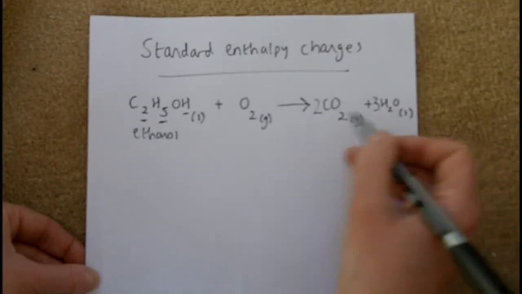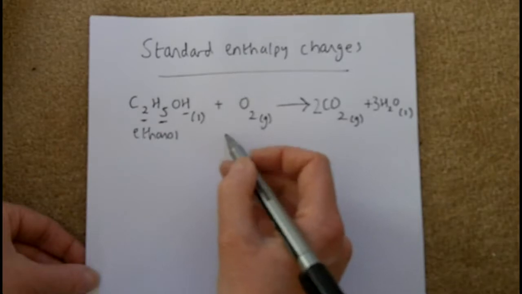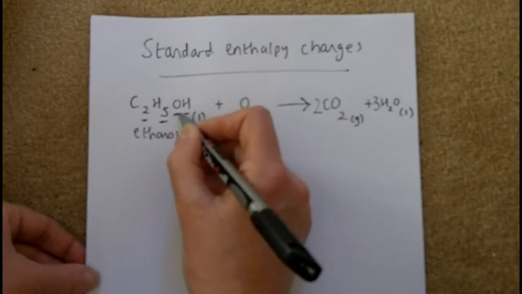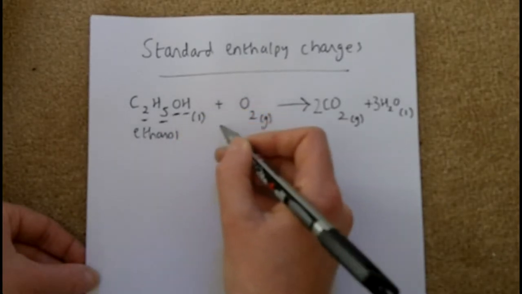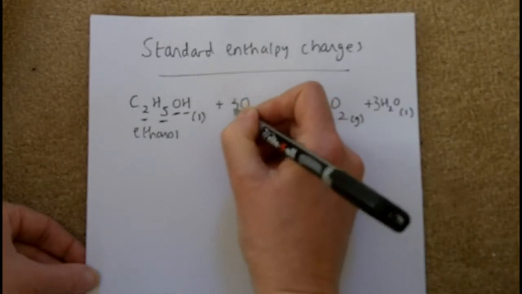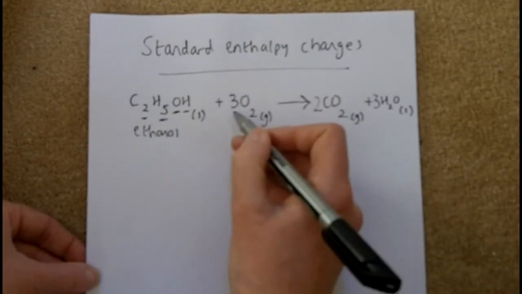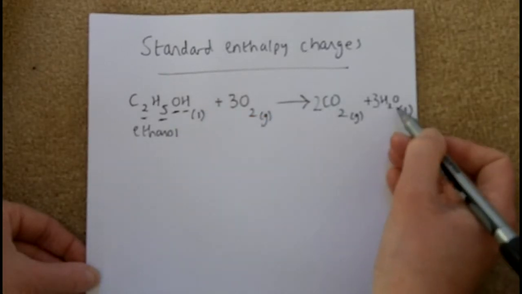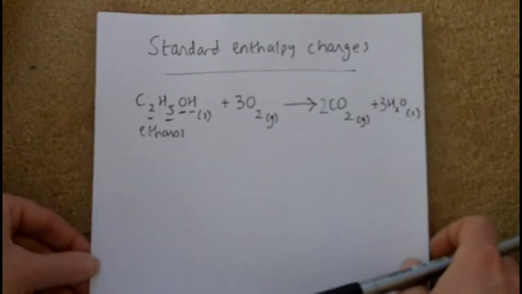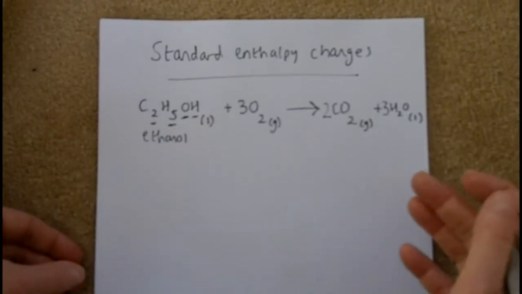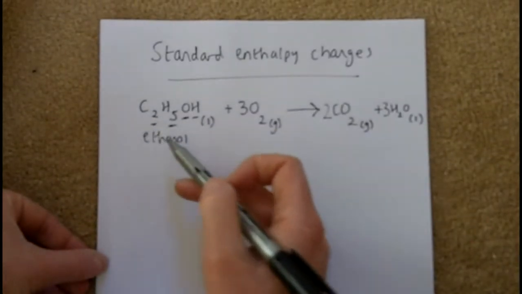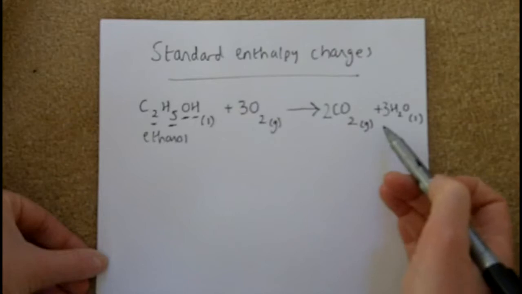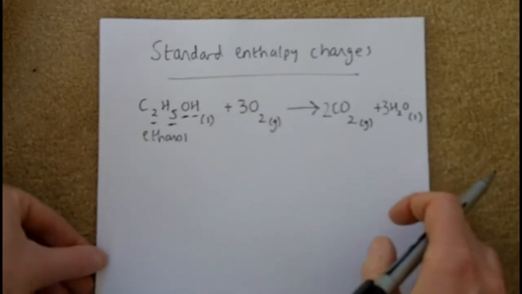So on the left we need 7 oxygens. Already got 1 oxygen here, so we only need 6, so we just put a 3 there. Now we've got 7 oxygens on each side. So that's how you balance this kind of equation. You always start balancing the carbons first, then the hydrogens, and finally the oxygens.